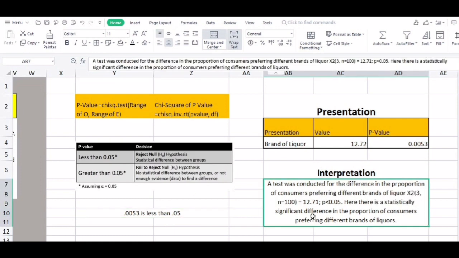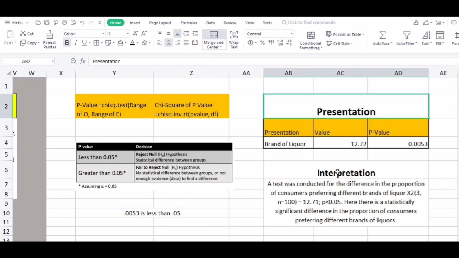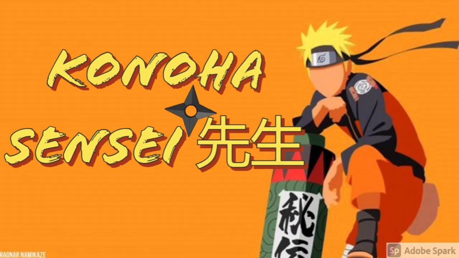And we have right now our interpretation, which is a test was conducted for the difference in the proportion of consumers preferring different brands of liquor. And then chi-square is 12.72, and then there's a statistically significant difference. Thank you so much.